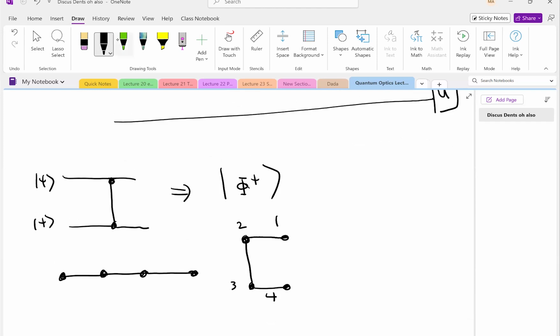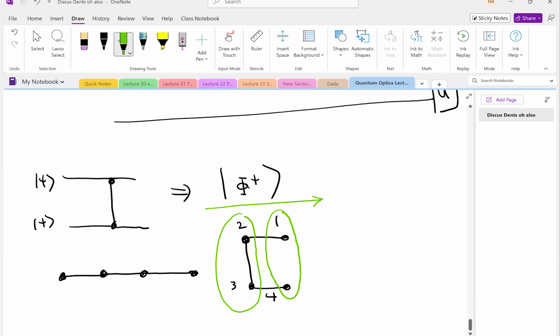I can first do a measurement on these qubits. The outcomes of those measurements will then determine what happens to the other qubits, and then I progress along this cluster. I can also have a cluster of this kind, 1, 2, 3, 4.